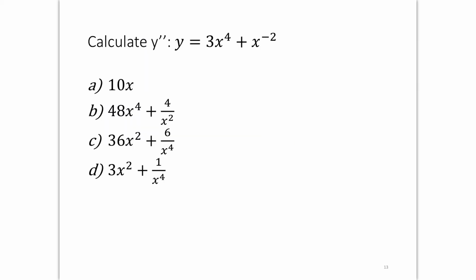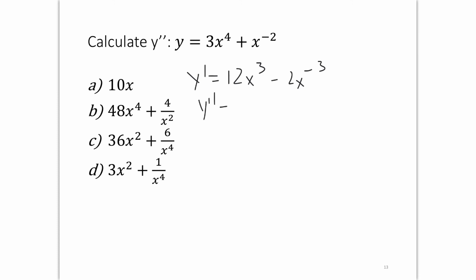Let's try a multiple choice question. We're going to go ahead and calculate y double prime given y equals 3x to the 4 plus x to the negative 2. So go ahead and pause the video and give it a try. So assuming you gave it a try, we do the first derivative, which is 12x to the 3 minus 2x to the negative 3.